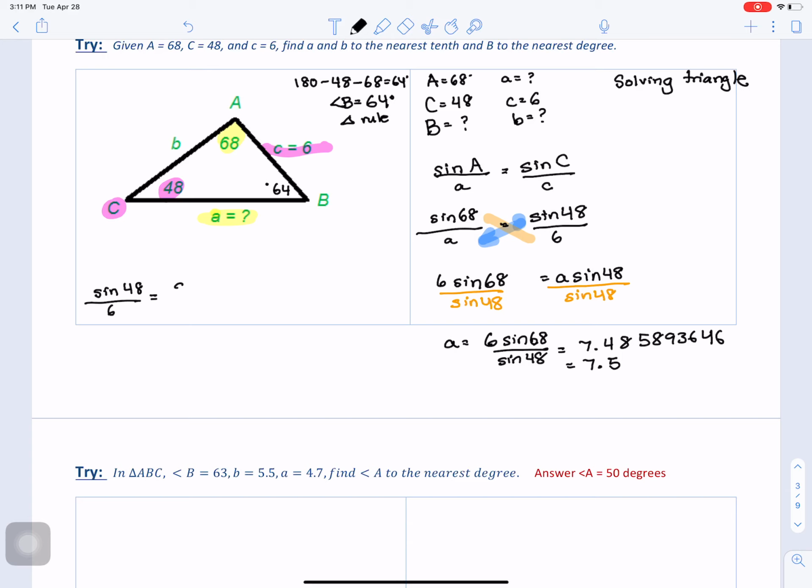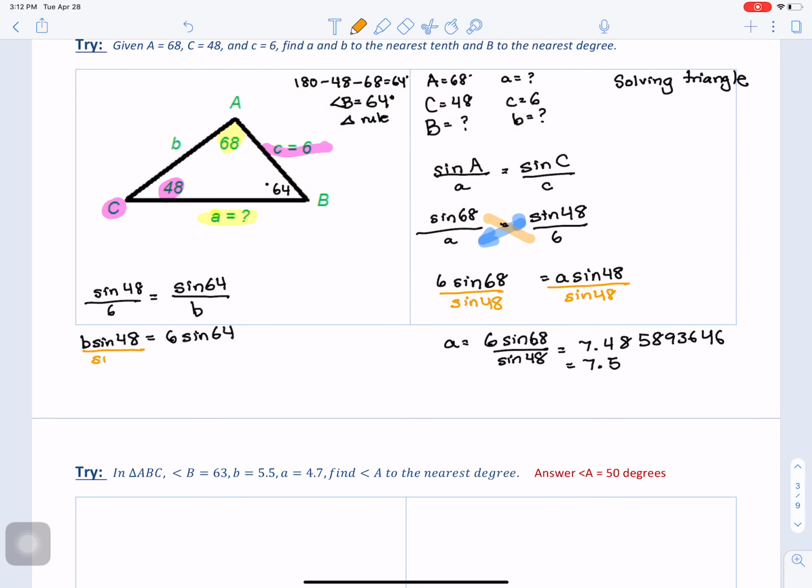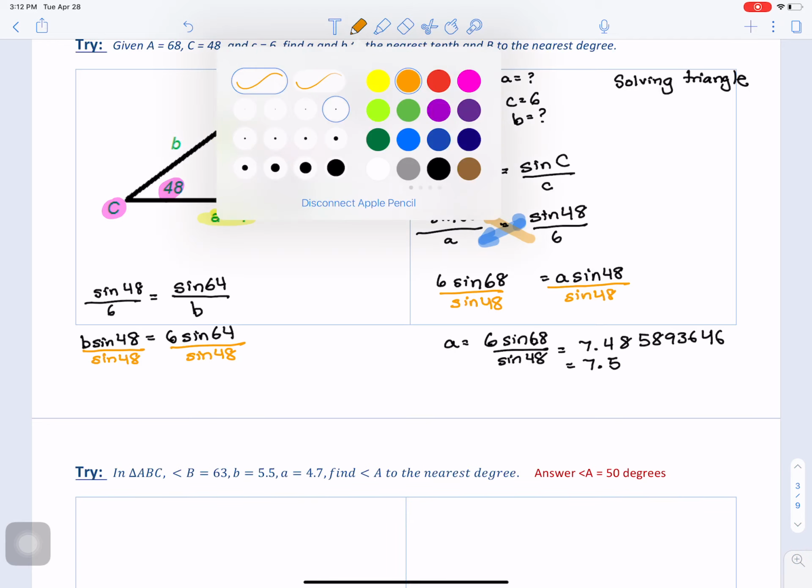So now I write sine of 64, which is my B pair. The side opposite is lowercase b. I cross multiply, so b sine 48 is equal to 6 sine of 64. I want to isolate for lowercase b, so I want to get that side by itself. I'm going to divide both sides by sine 48.